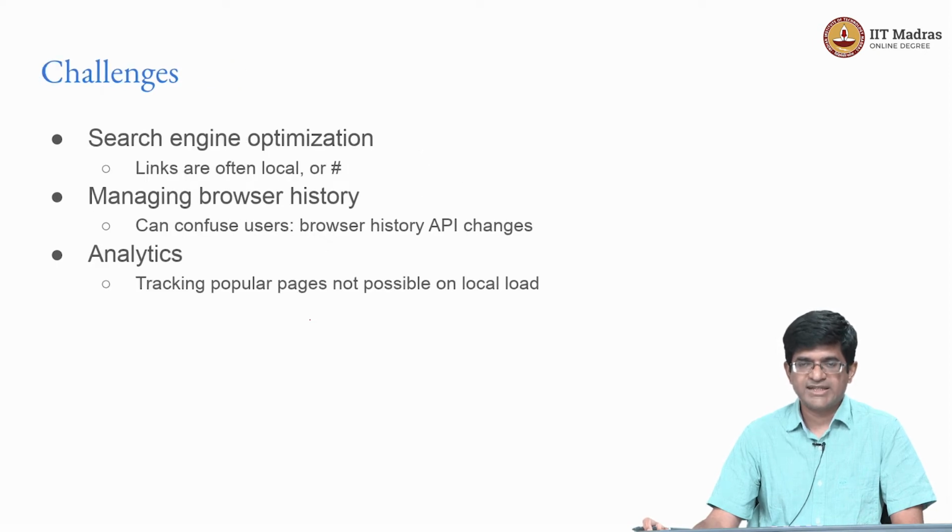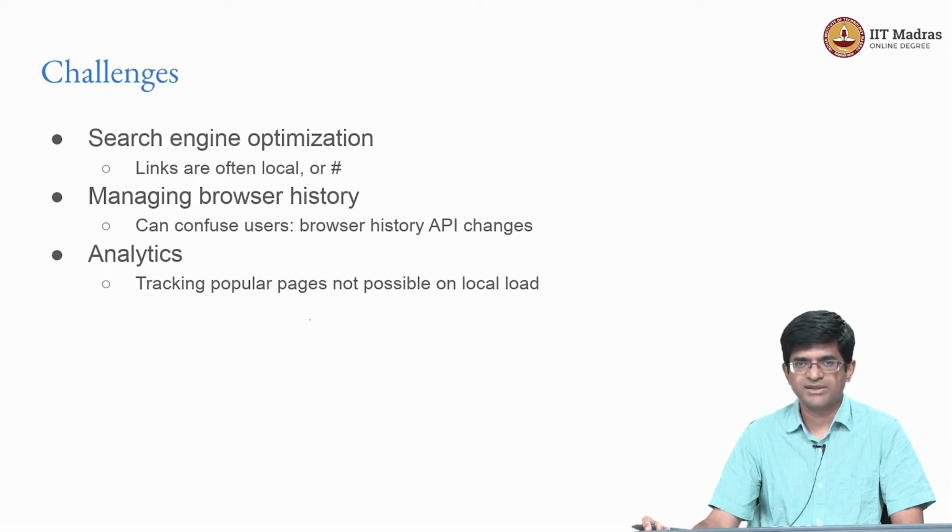Now there are several challenges associated with single page applications. One of them is how do you optimize for search engine visibility, right? Because after all, what's happening is previously you would have a specific URL that corresponds to each different part of what gets displayed on the screen. But with routers, for example, right, you are no longer able to have that kind of control, or you can, but it's not sort of straightforward, right?